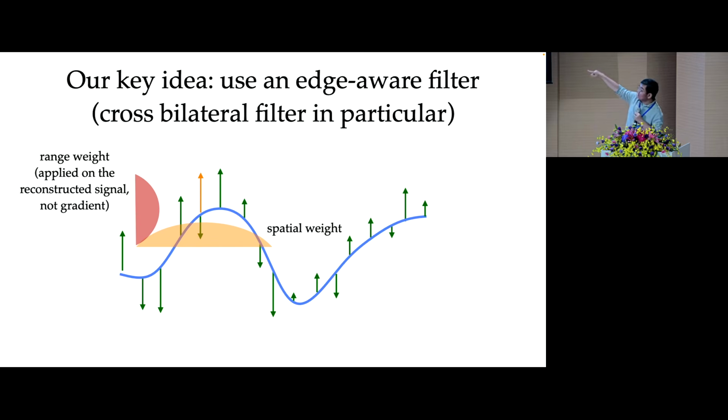If I'm trying to get the smooth result for this orange arrow in the middle, I only do the weighted average if the blue positions of the nearby green gradients are similar to my current position. That's the range weight. And this filter is a very classical computer graphics filter called the cross-bilateral filter.